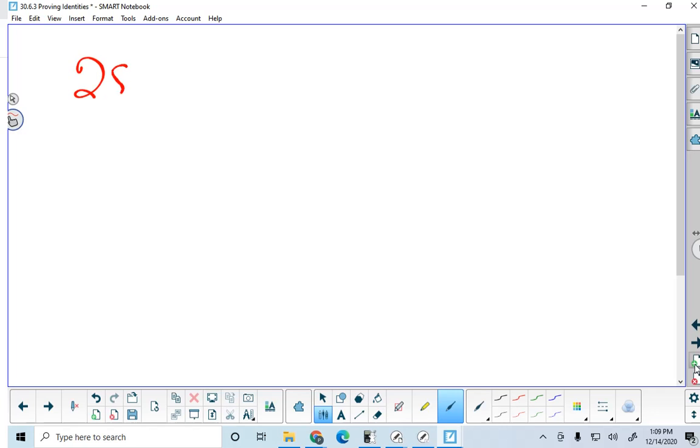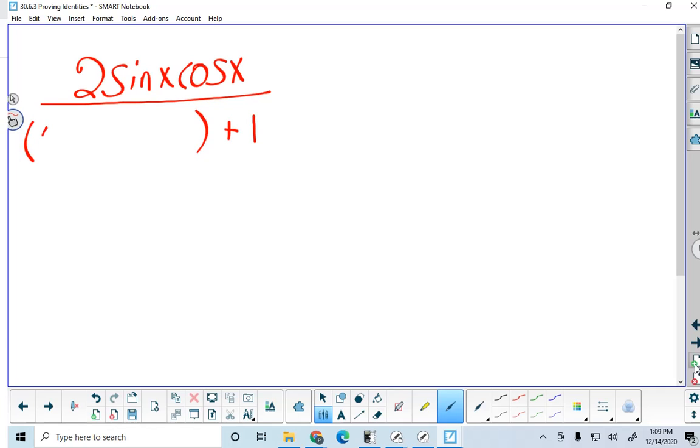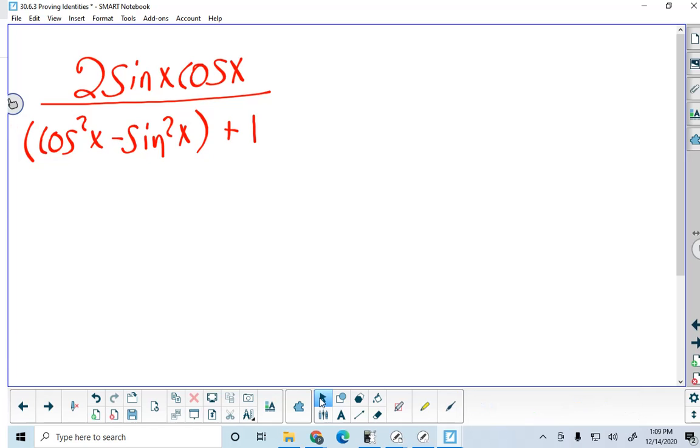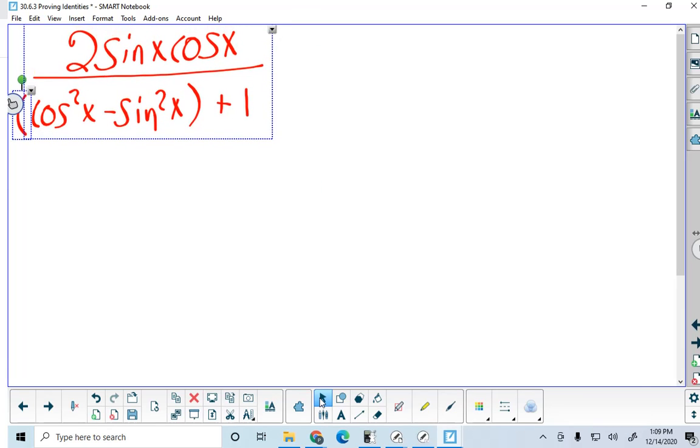I have to ask myself, remember, cos of 2x is cos squared of x minus sine squared of x. I have to ask myself, if I do that, is it helpful?